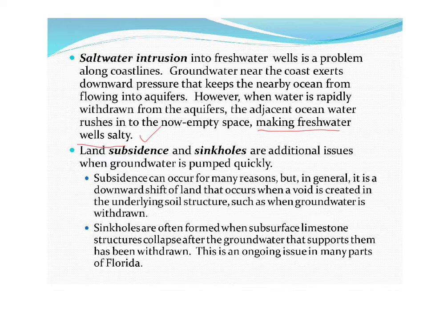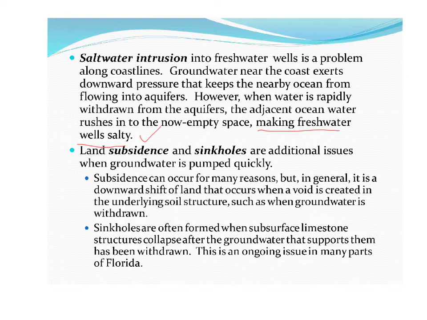It's a downward shift of the land that occurs when a void is created in the underlying soil structure. Again, when you pump out groundwater very rapidly, you get a void or a vacant space, and the soil settles down into that vacant space. That's subsidence. Now, sinkholes are a very large and rapid type of subsidence.